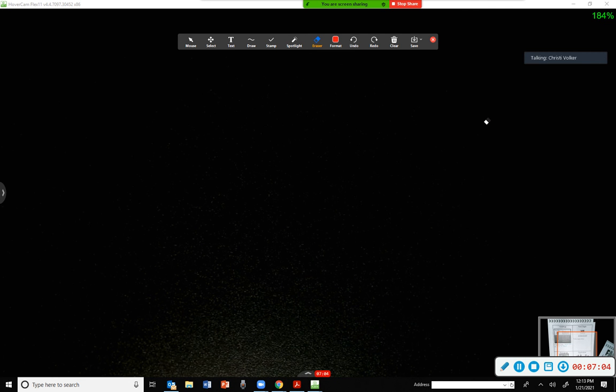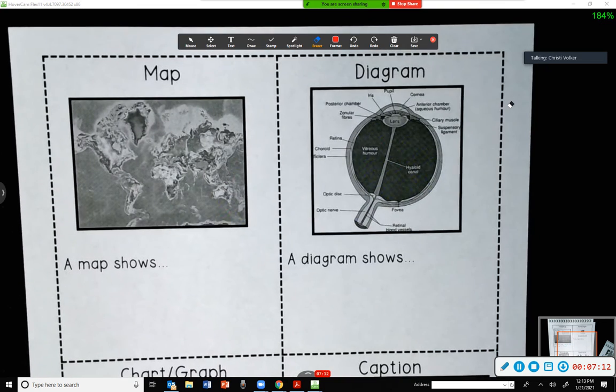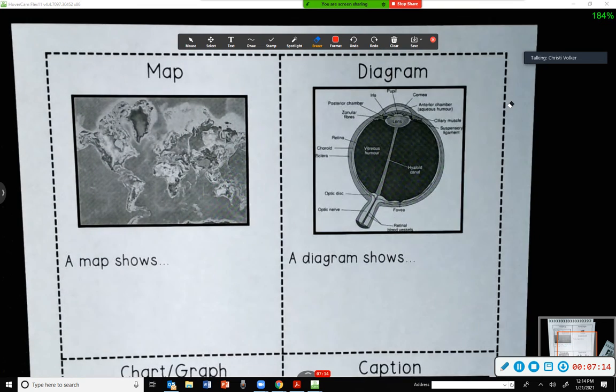We have 4 more text features that we're going to go over today. We will have more than that, but these are the only ones we're going to talk about today. Okay, a map. What does a map show? Kelsey? A map shows directions and states. Okay, good.